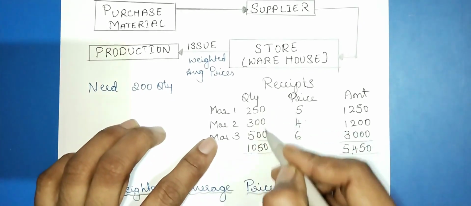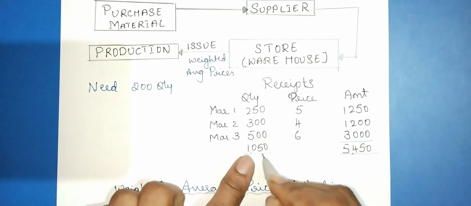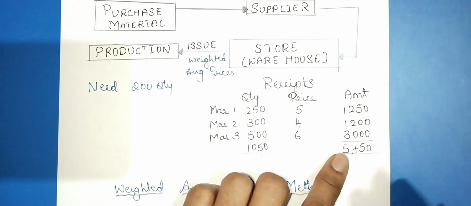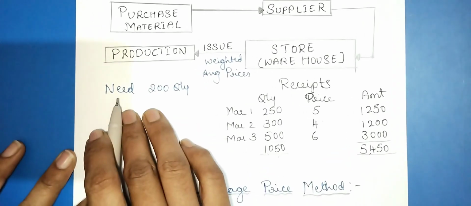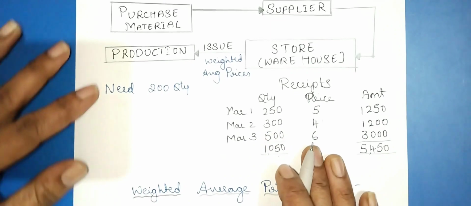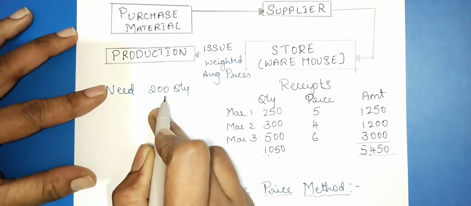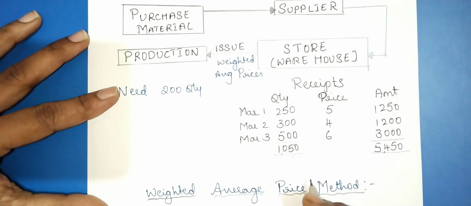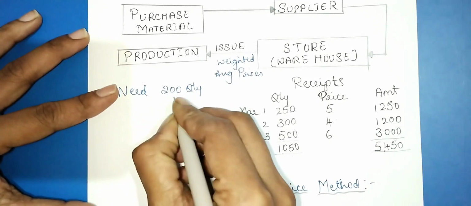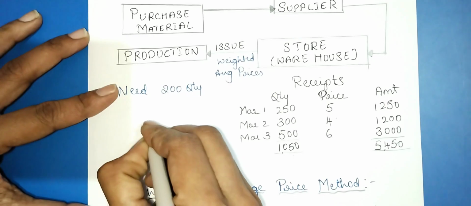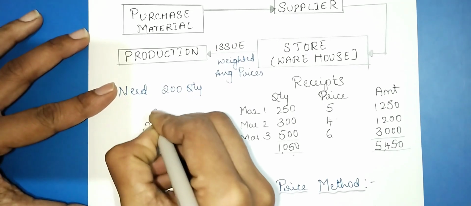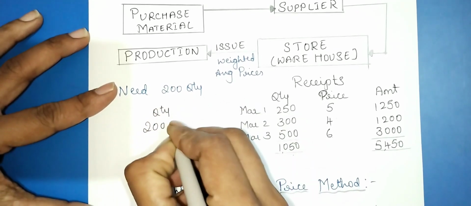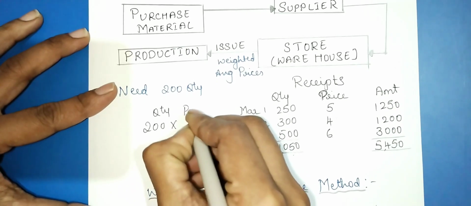Now here we have taken the sum of quantity and the sum of total amount. If the production department requests 200 quantity, how are we issuing this 200 quantity? The requirement of the production department is 200 quantity, and with this we are multiplying the price, right?